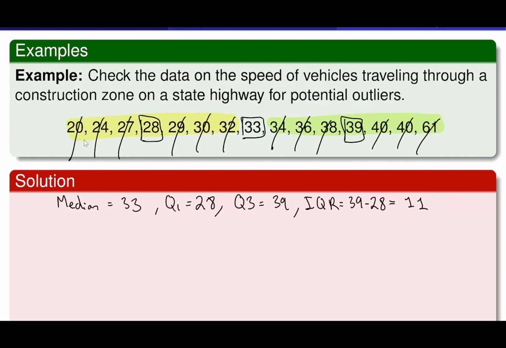All right, so now we're going to find the lower fence. The lower fence is Q1 minus 1.5 times the IQR.